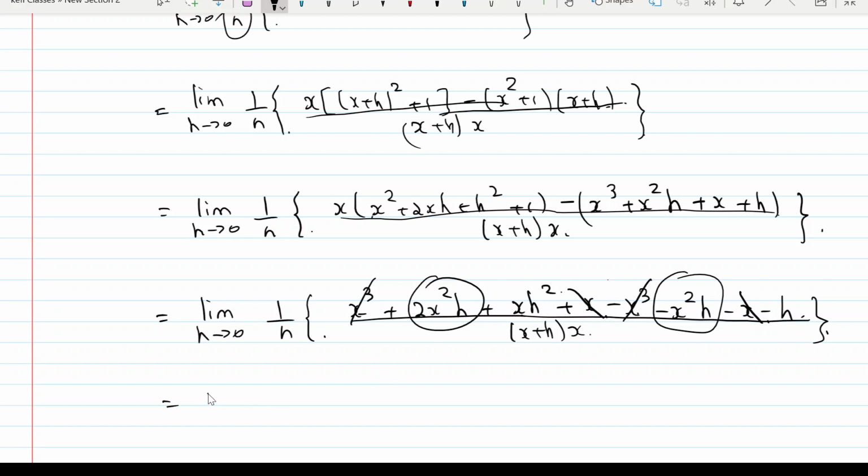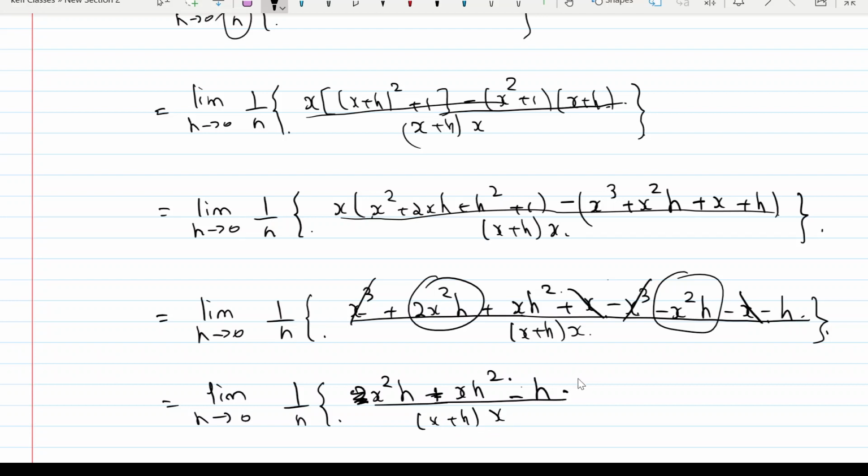So you're left with limit as h tends to 0, 1 upon h into 2x square h minus x square h. So it's x square h plus xh square minus h divided by x plus h into x.